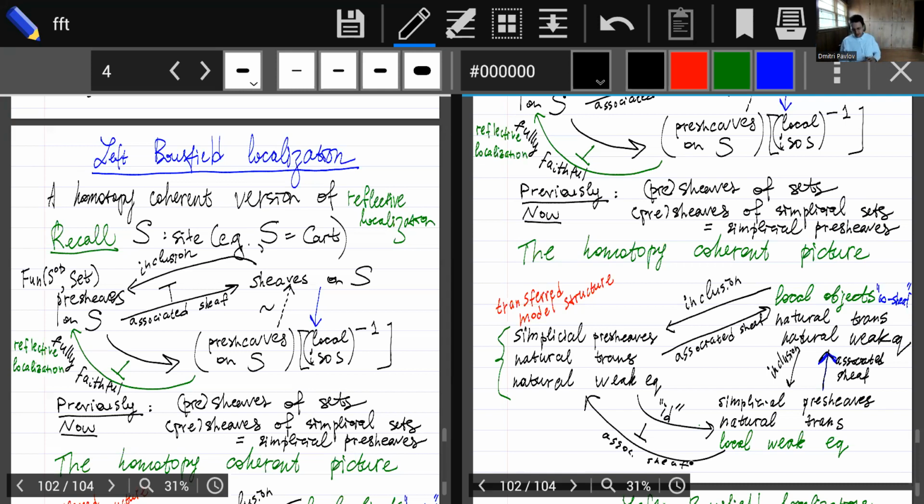And I guess it may be slightly confusing that I now say the associated sheaf functor is a right adjoint, when in fact previously it was a left adjoint. But maybe I should be more careful.